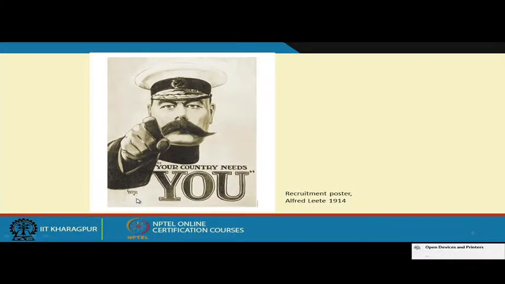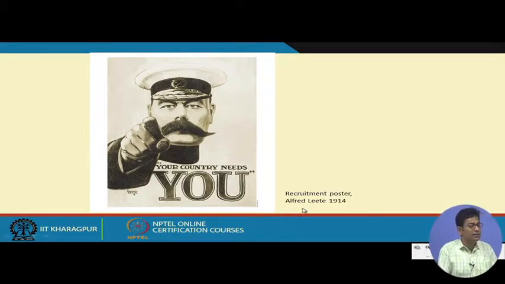These are the three levels of interactions which happen when you encounter a visual. Now, coming to the types of images, this is one example by Alfred Leete, which was a recruitment poster, and you can see how the person represented over here is interacting with the elements, the objects that have been represented in this particular painting.